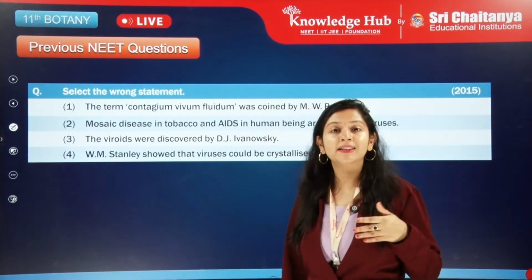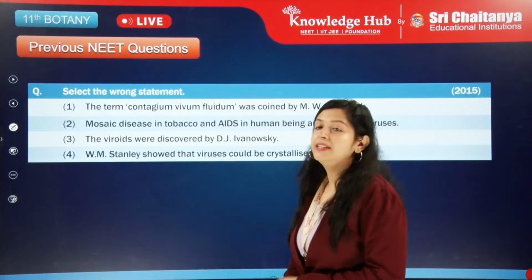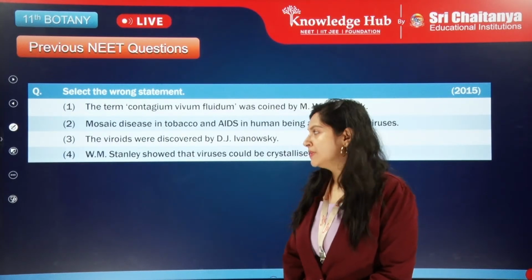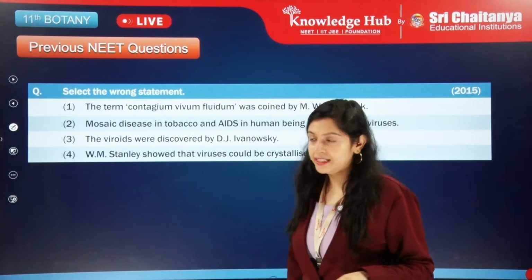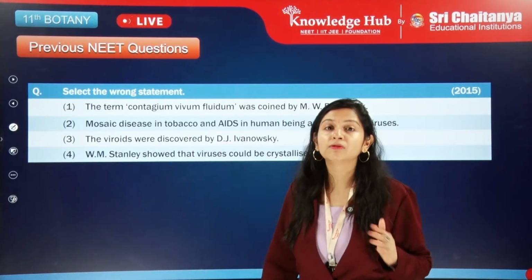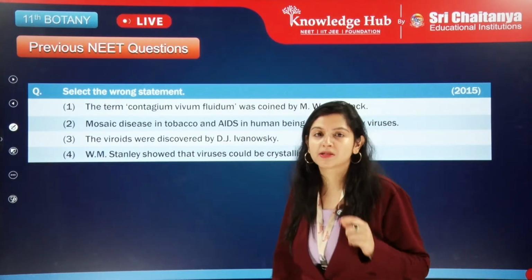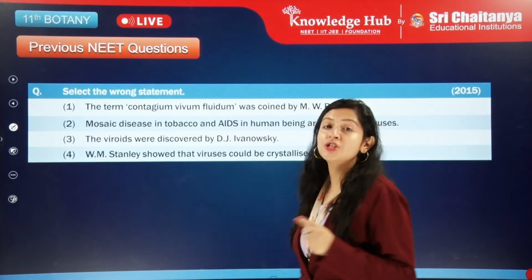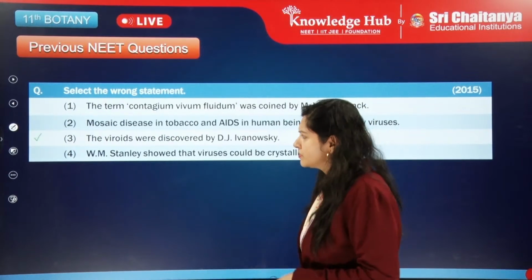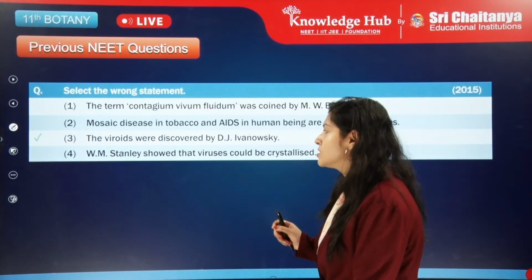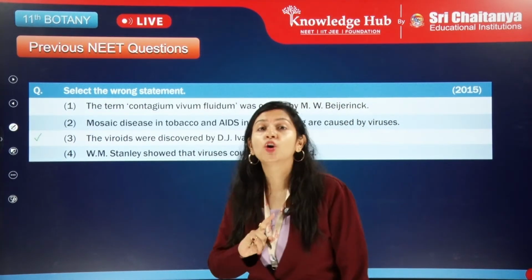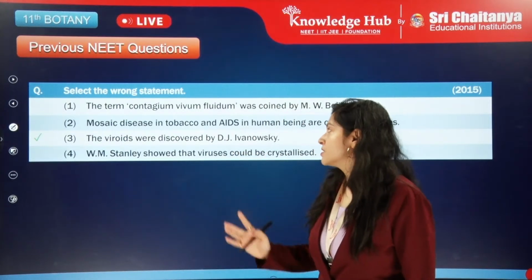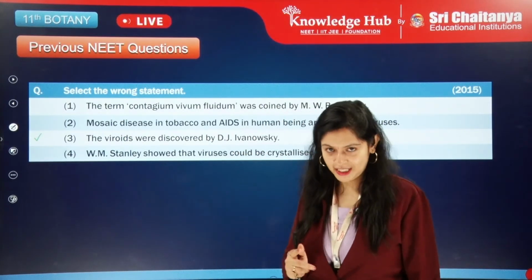The viruses were discovered by D.J. Ivanovsky, and W.M. Stanley showed that the viruses could be crystallized. Which is the wrong statement here? The third one is the wrong statement. Viroids were not discovered by Ivanovsky, they were discovered by Diener, right?